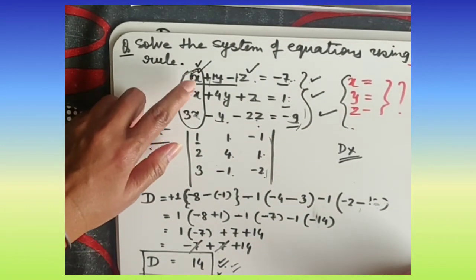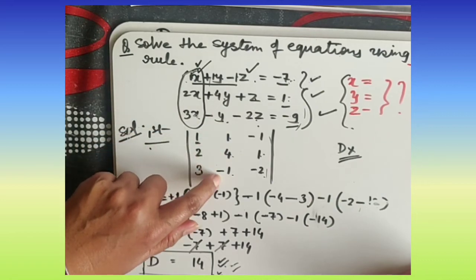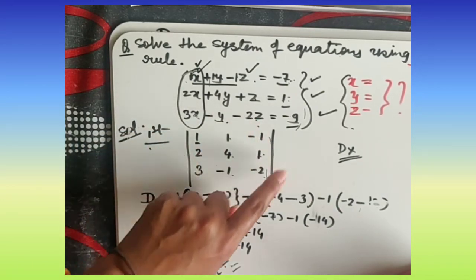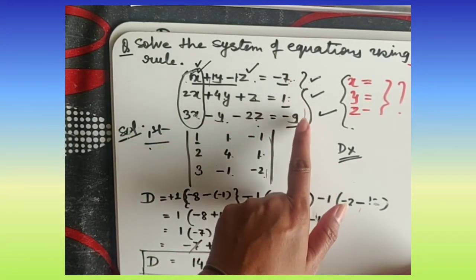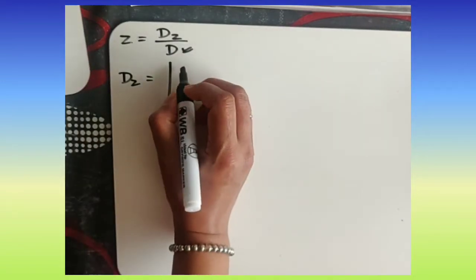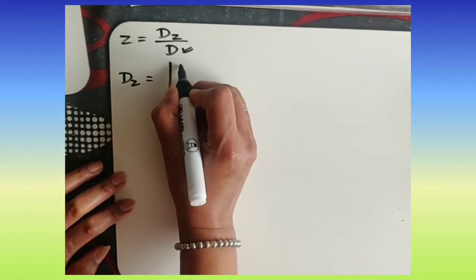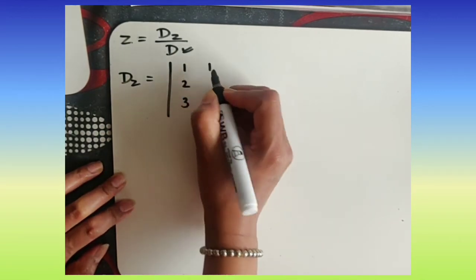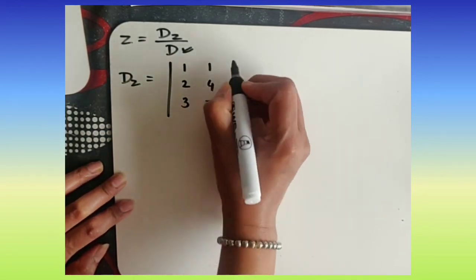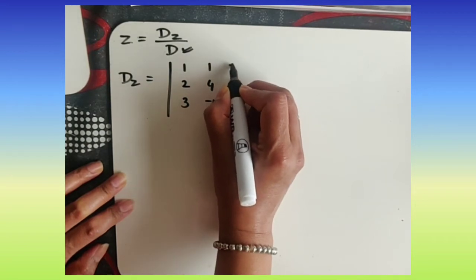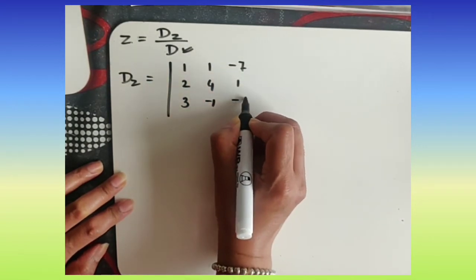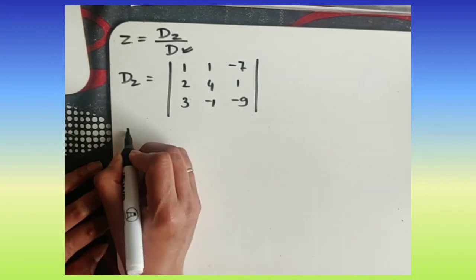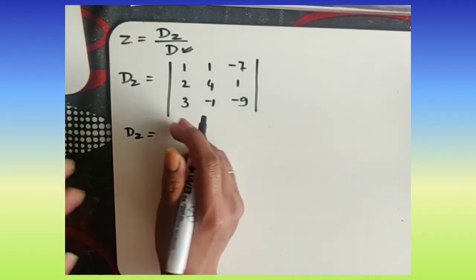So in place of x and y we will write down as it is. In place of z we will substitute minus 7, 1 and minus 9. So 1, 2, 3 and then y 1, 4, minus 1, and in place of z I am going to substitute minus 7, 1 and minus 9 and find the determinant of z here.